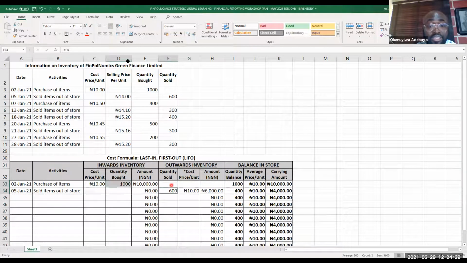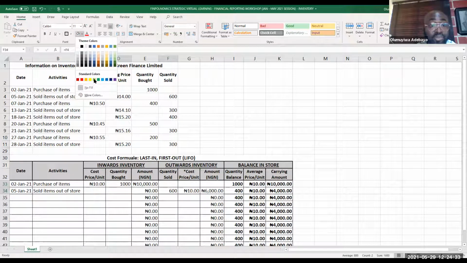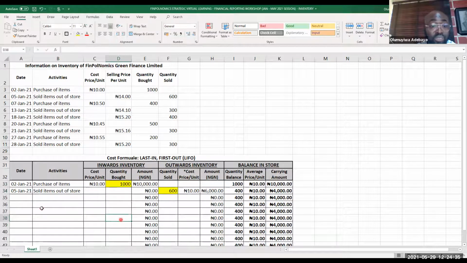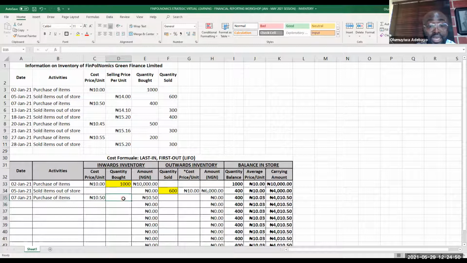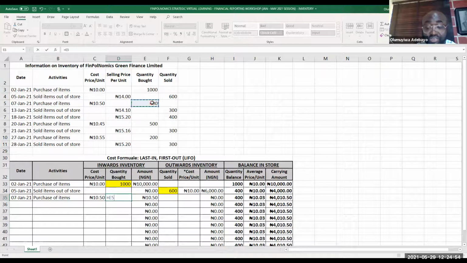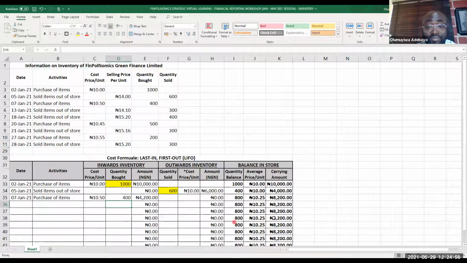Now I'll call it item of yellow. I'm picking from yellow items. Now, on the 7th of January, there was additional purchase. And what is the quantity? It was 400. And that gave me the new value.